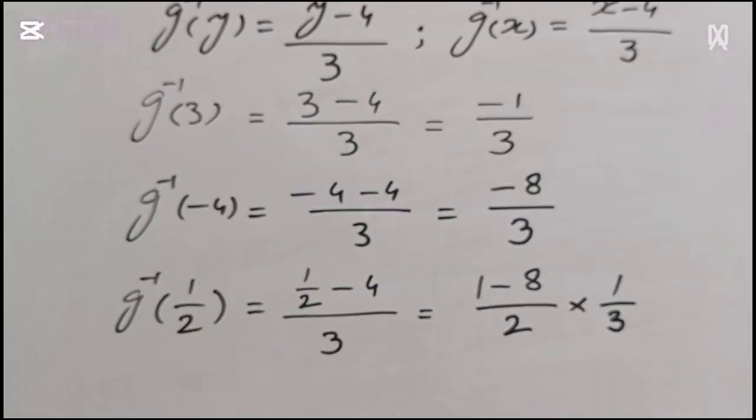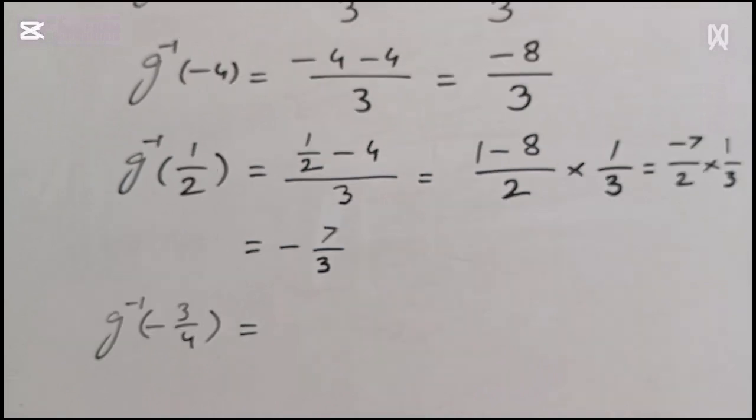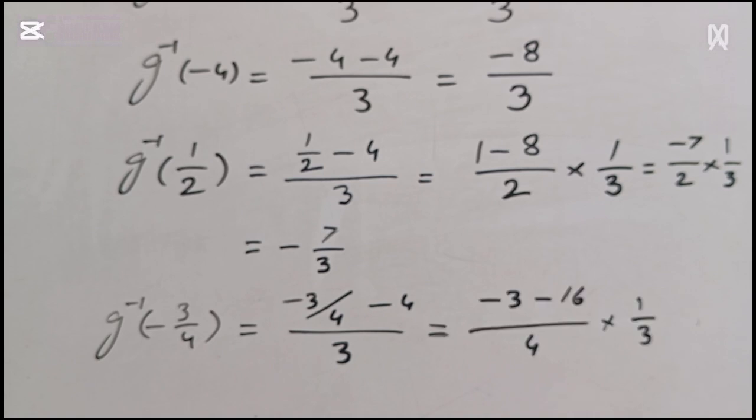We have substituted 1 by 2 in place of x and found it is equal to minus 7 by 3. G inverse minus 3 by 4. We have substituted minus 3 by 4 in place of x. This is how we have solved the numerator separately. Now we solve it further. This results in minus 19 by 12.